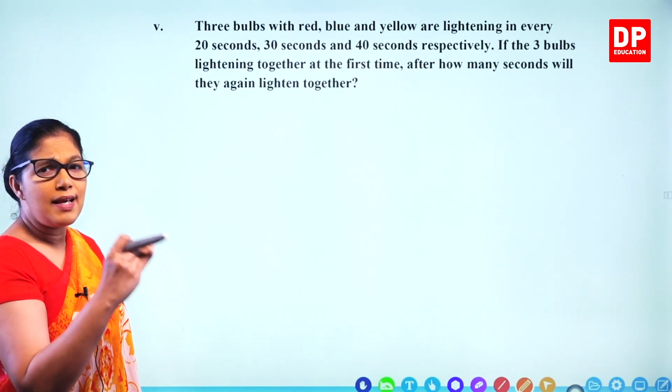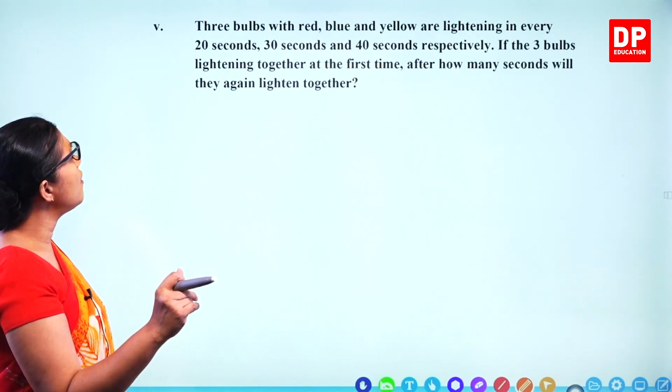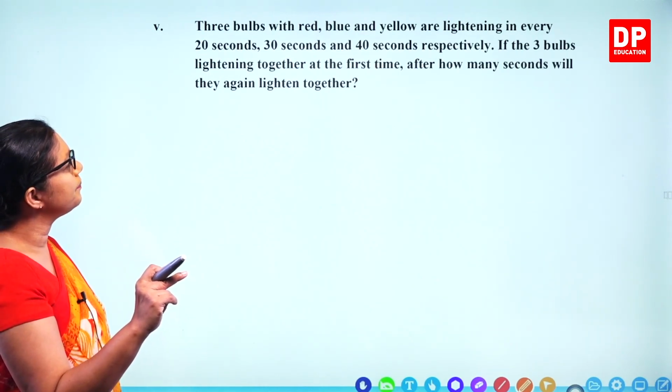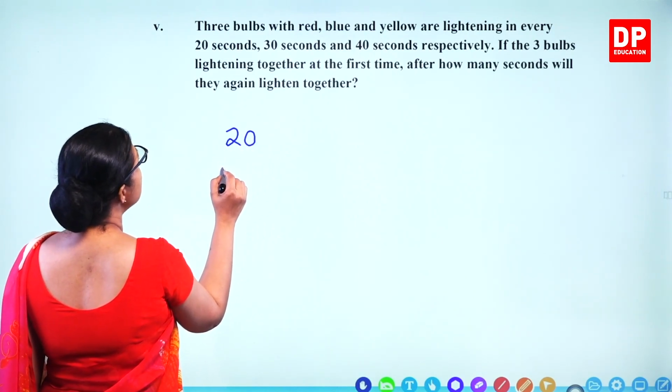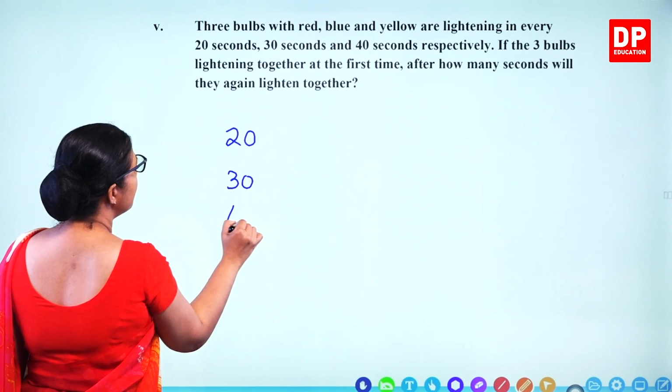So basically, that's the lowest common multiple of 20, 30 and 40. What's the lowest common multiple of 20, 30 and 40?